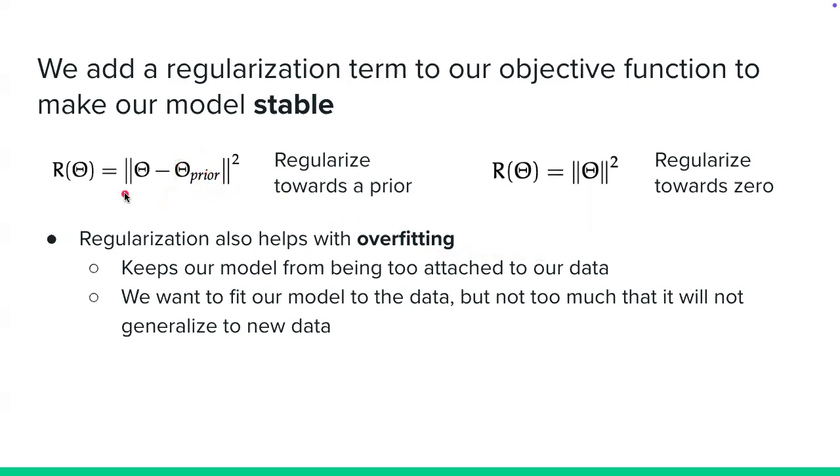So if we want to regularize towards a prior, we'll do theta minus theta prior, norm squared. And so when we put this in our loss function, we're trying to minimize this function. We're going to try to minimize this difference as much as possible because we want this to be close to 0 as much as possible.